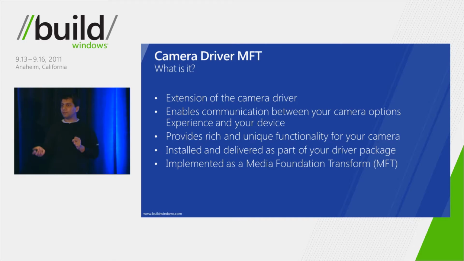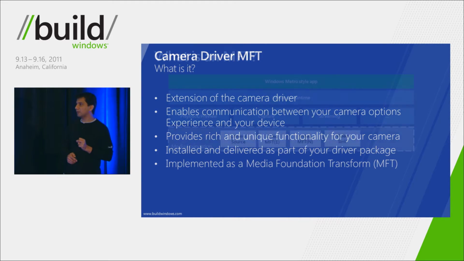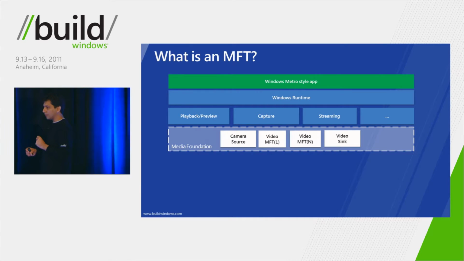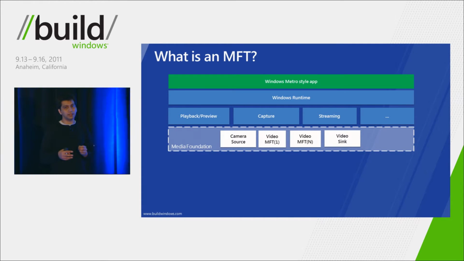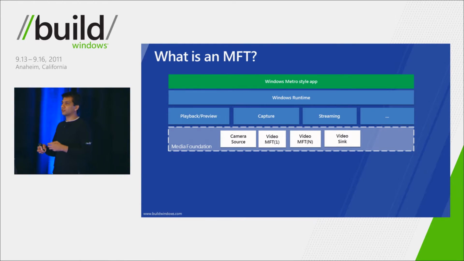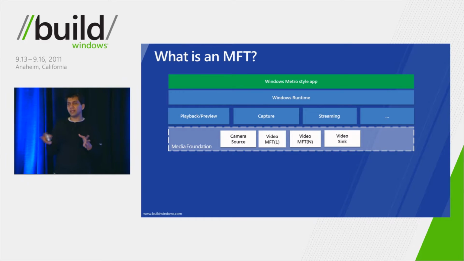For those of you unfamiliar with the concept of media foundation transforms, media foundation is essentially the infrastructure, the backbone of the media experiences in Windows 8. So media foundation is the piece in Windows that provides functionalities around capture, streaming, transcoding, playback, all those sorts of media functionalities that we talk about. Media foundation is where that gets implemented.